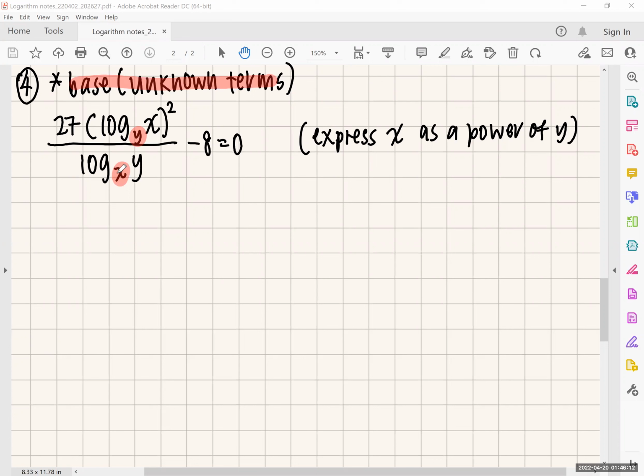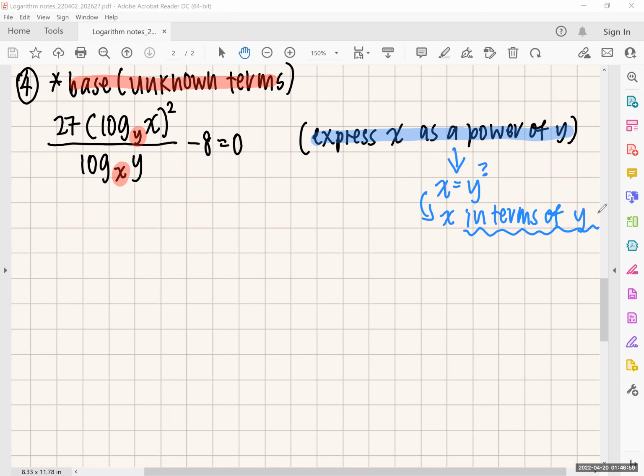Let me tell you a little trick. If they say express x as a power of y, what do they mean by that? What they meant is they want, at the end of the day, this is your thinking process, that x is equal to y to the power of something. One more step further, it means that you want to express x in terms of y.